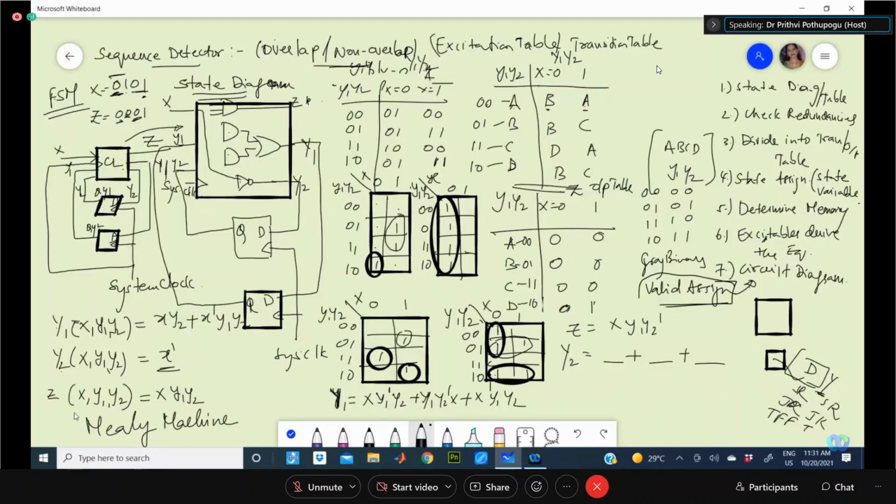That is the first point we have seen in the fundamental approach, the K-map minimization or normal minimization. So whichever assignment gives you the most irreducible, most minimal equation is called the valid assignment.